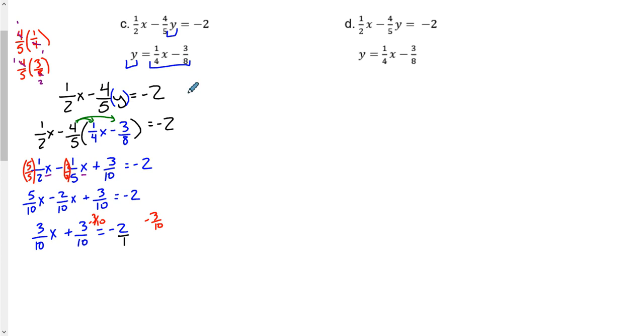Negative 2 is the same as negative 2 over 1. Get a common denominator. So I multiply by that 10 over 10. And now I'm working with a 3/10 x plus negative 20 over 10, subtracting 3 over 10.